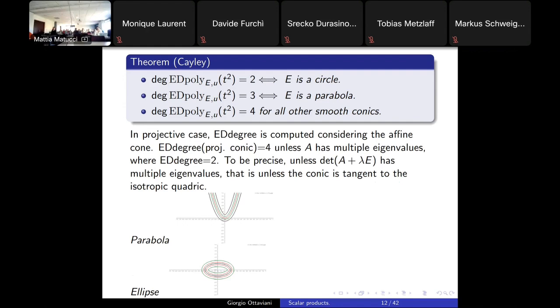But let's show here the difference between parabola and ellipse in the affine case, which I think is nice. This is related to what JM told me, that the ED degree of parabola and ellipse is always 2. What is changing is the degree of the offset. So here, you start from a parabola and you get the offset. Essentially, the degree is 3 plus 3, and you get 6.